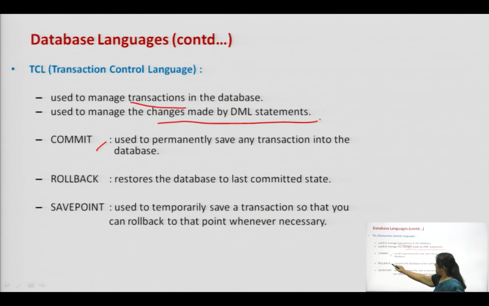Examples are commit, which is used to permanently save any transaction into the database. Rollback can restore the database to the last committed state, and savepoint can be a temporary save point in the transaction, so that if required we can roll back or go back, reverse the transaction up to that savepoint.